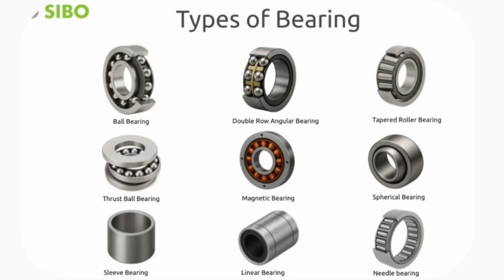Tapered roller: high, high, moderate; vehicle wheel bearings, gearboxes. Needle roller: high, none, low to moderate; compact engine components. Plain or sleeve: moderate, low, low to moderate; high precision or low cost sliding joints.